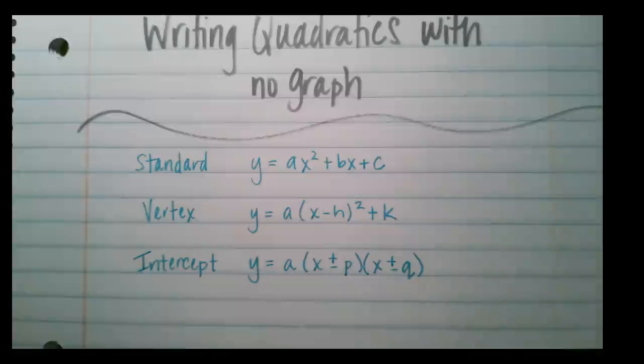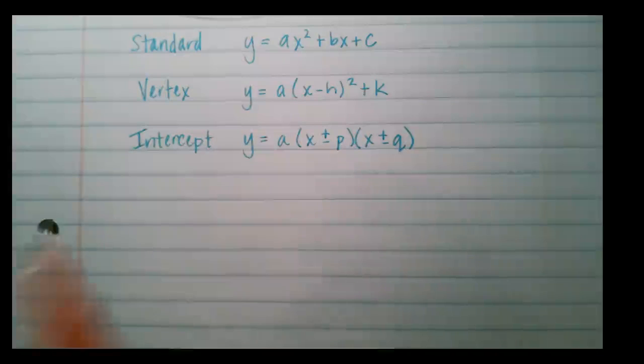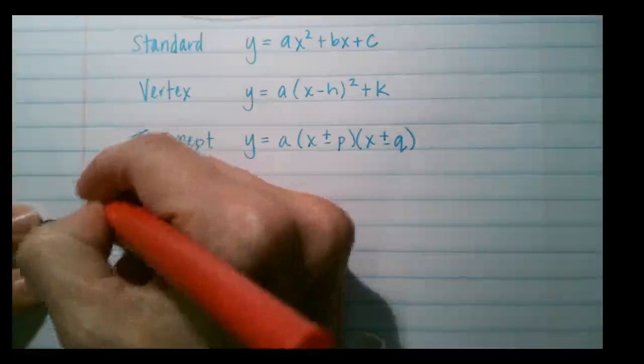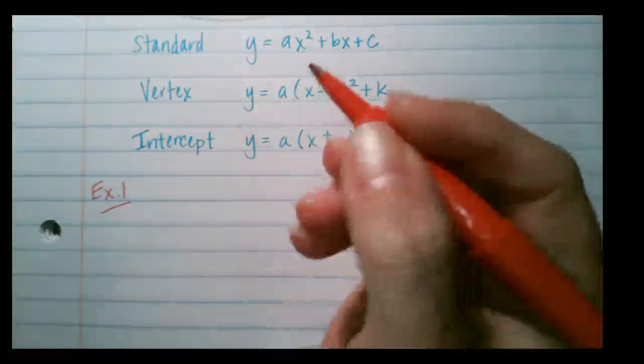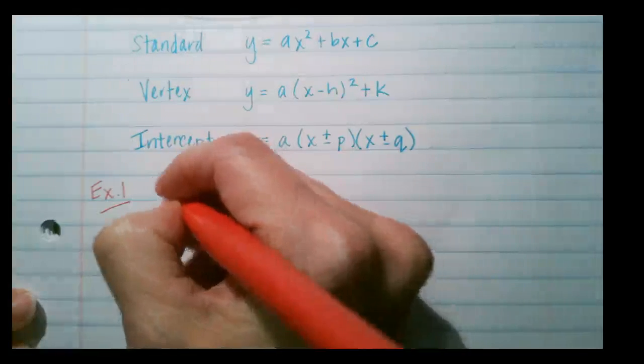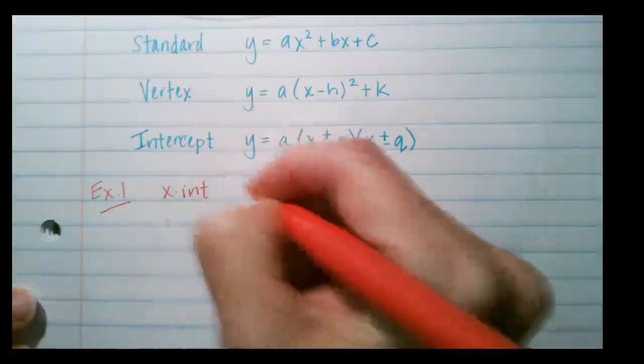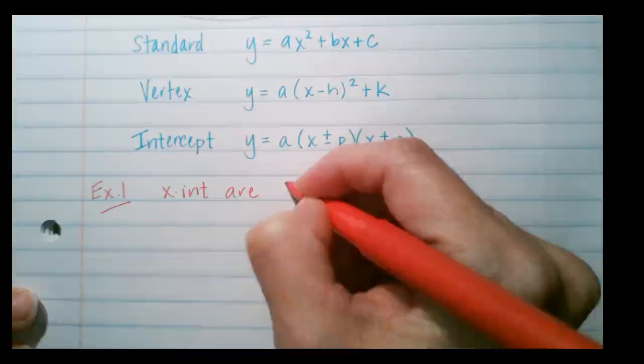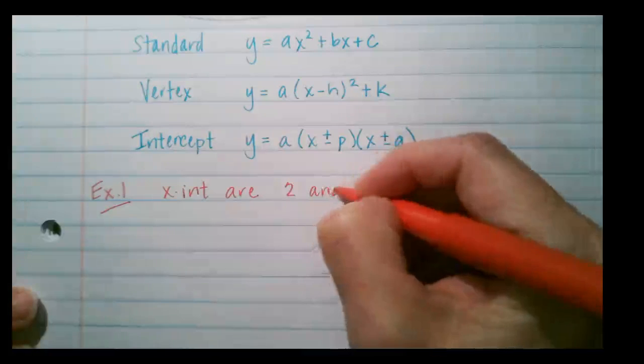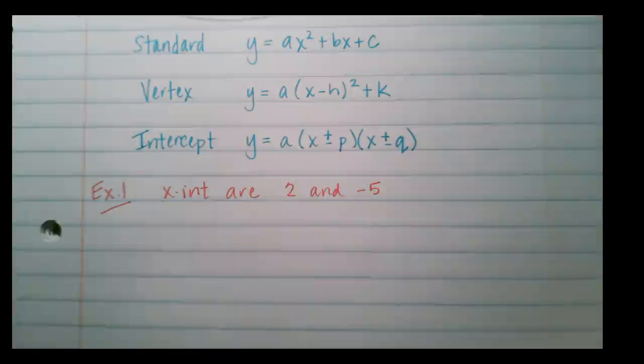All right, so here we go. Let's do our first one. So I am going to tell you that the x-intercepts are 2 and -5.